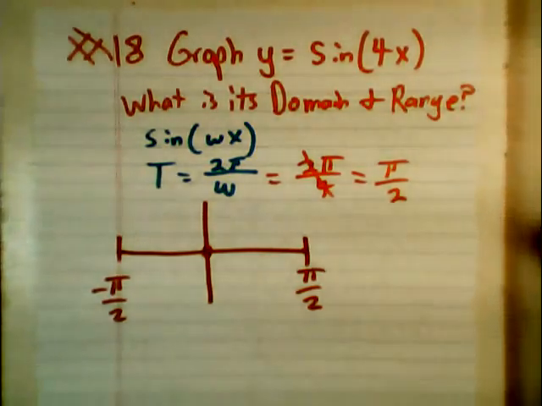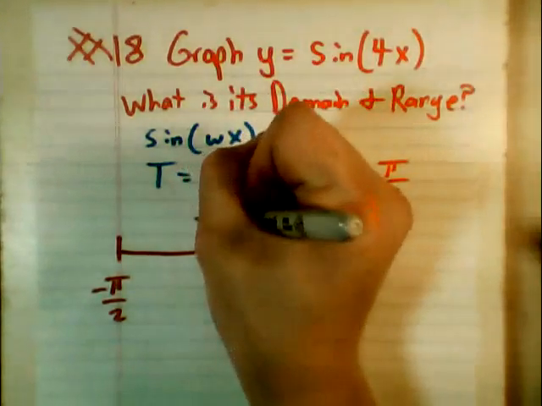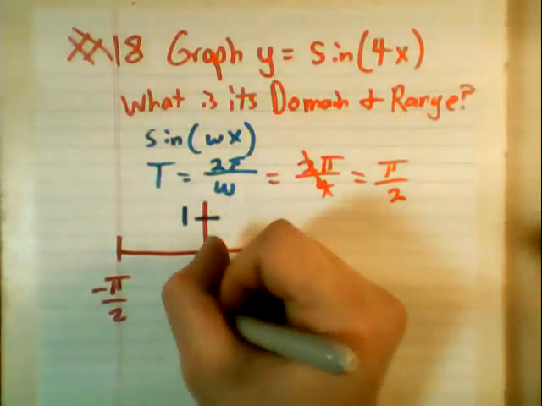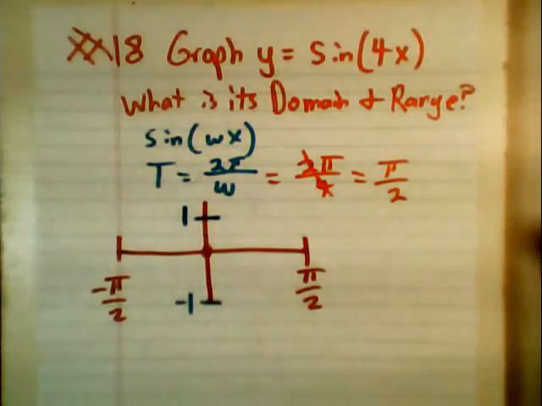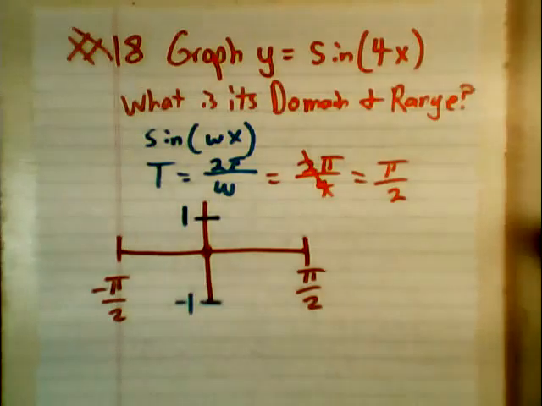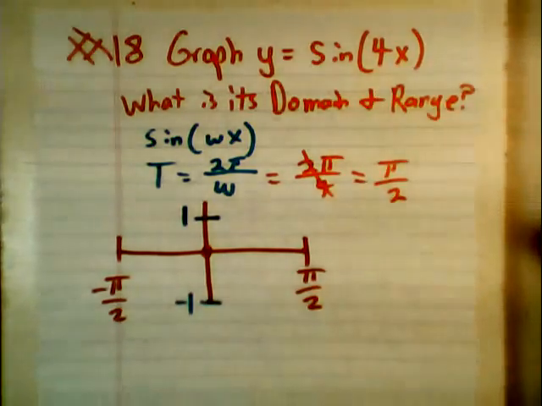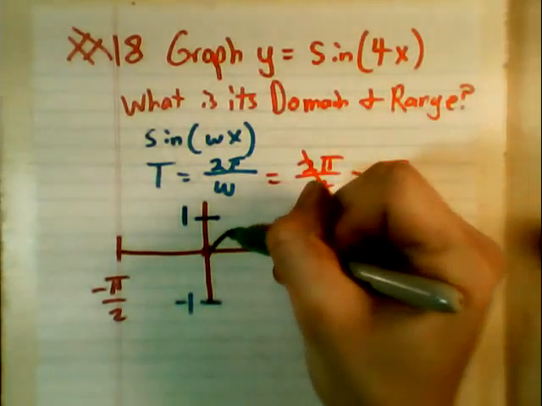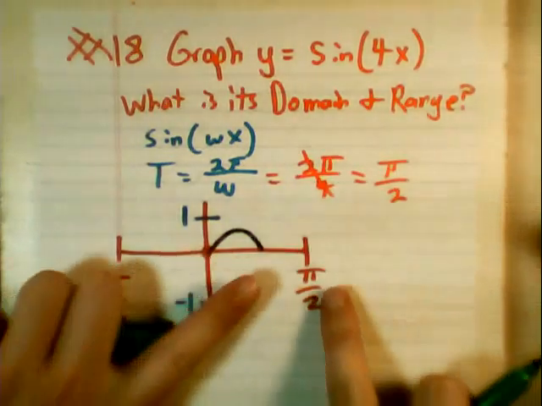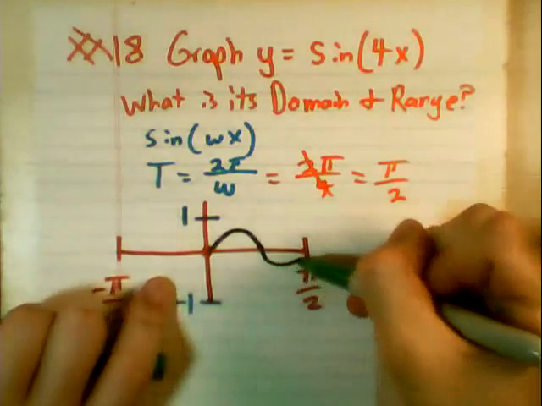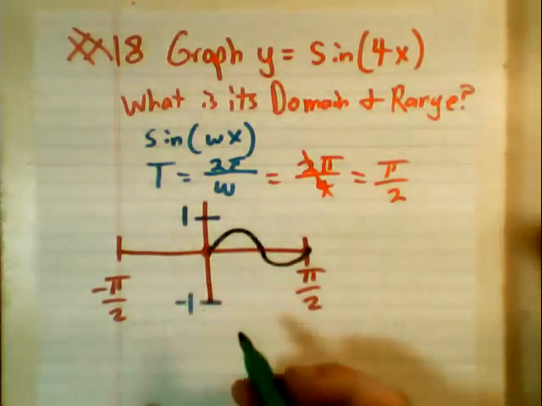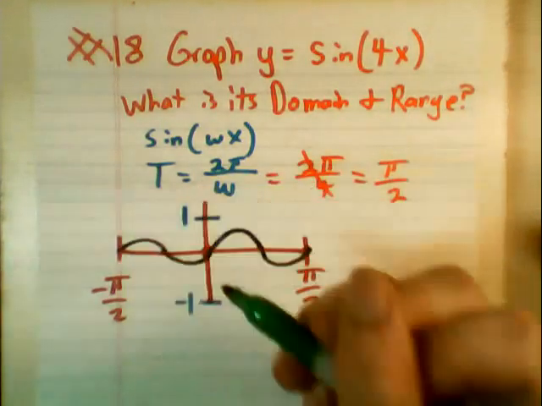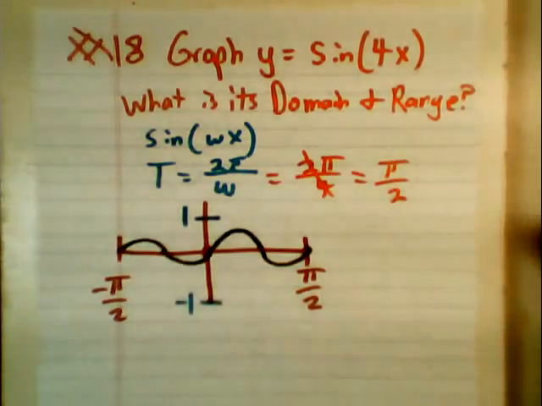Now the max that sine will be is positive 1, and the lowest that it will be is negative 1, because we don't have any other transformation shifts. So sine comes out of the origin, goes down about midway between its period, and touches like that. On this side, sine will come down and then up. So that's what sine would look like.